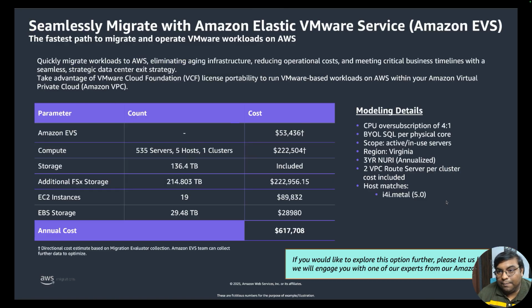So if you move to Elastic VMware Service, using that just to rehost, then you will save something. The annual cost will be 617 over here, that it mentions. I don't want to talk about the numbers, but the whole idea of this video is to show you the elaborate business case document that the Migration Evaluator creates for you.